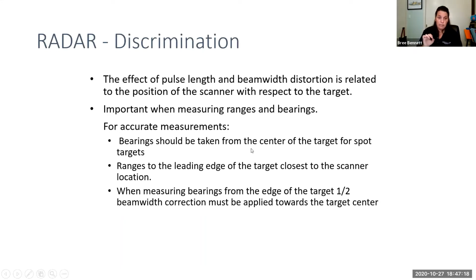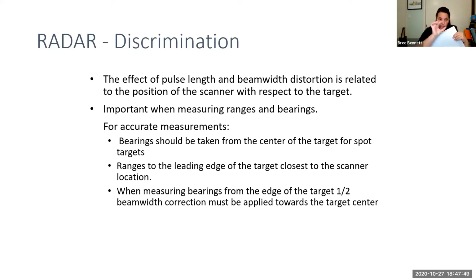Bearings should always be measured by the center of the target. When you see one on a radar screen, you always want to measure it, and then we're going to put it on our plotting sheet. When you measure the range and bearing using your EBL and VRM, you want to measure the middle of that little blip.